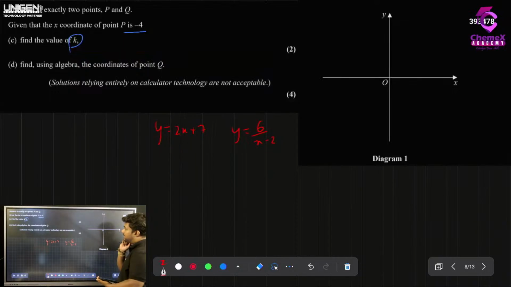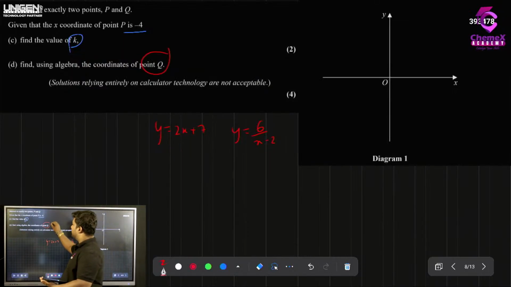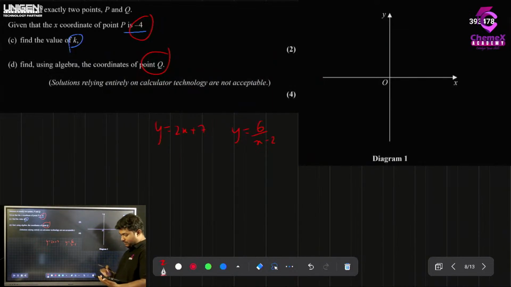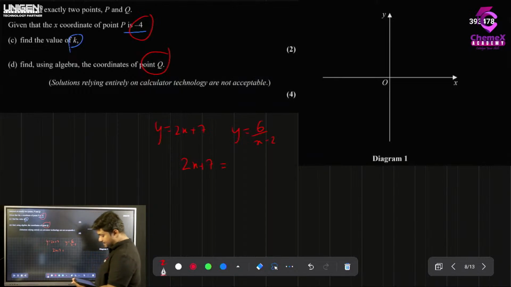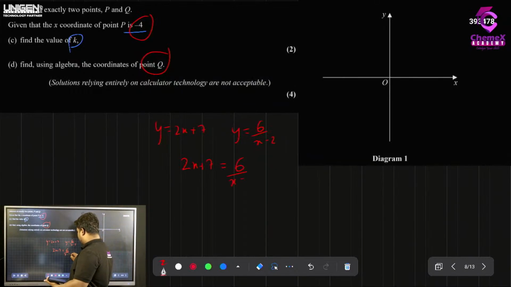Use algebra and find the coordinate of Q. Coordinate of P is minus 4 and they are asking the coordinate of Q. So what you can do is, 2x plus 7 you equate to 6 over x minus 2.